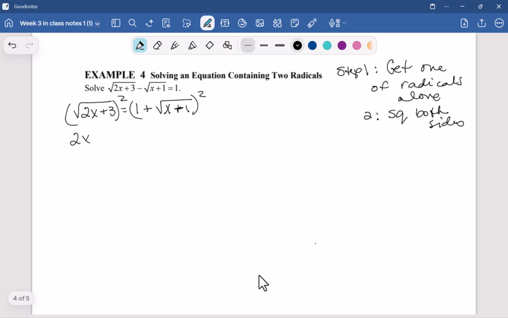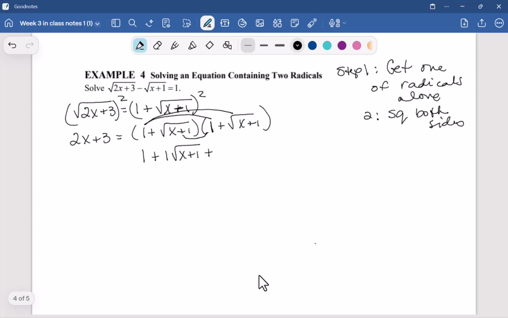So 2x plus 3 equals, now squared by definition means write it twice. And I'm going to FOIL it. 1 times 1 is 1. 1 times the square root of x plus 1 is 1 square root of x plus 1. Square root of x plus 1 times 1 is 1 square root of x plus 1.